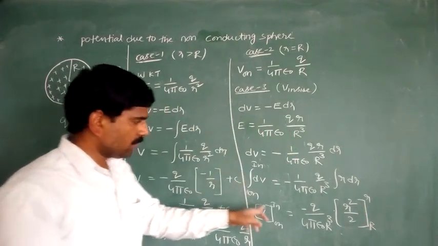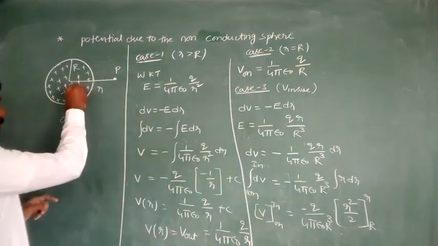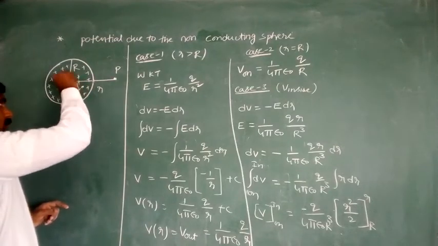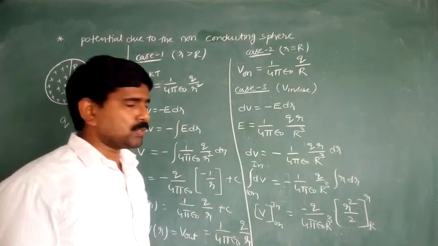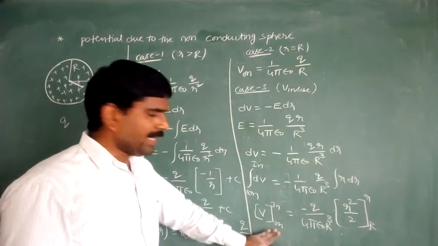At the inside point, this distance is equal to small r. So we are integrating this one.